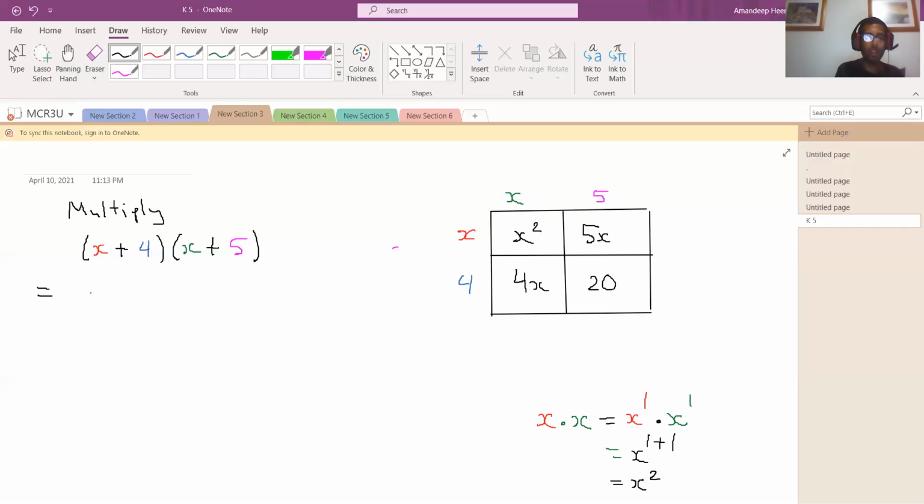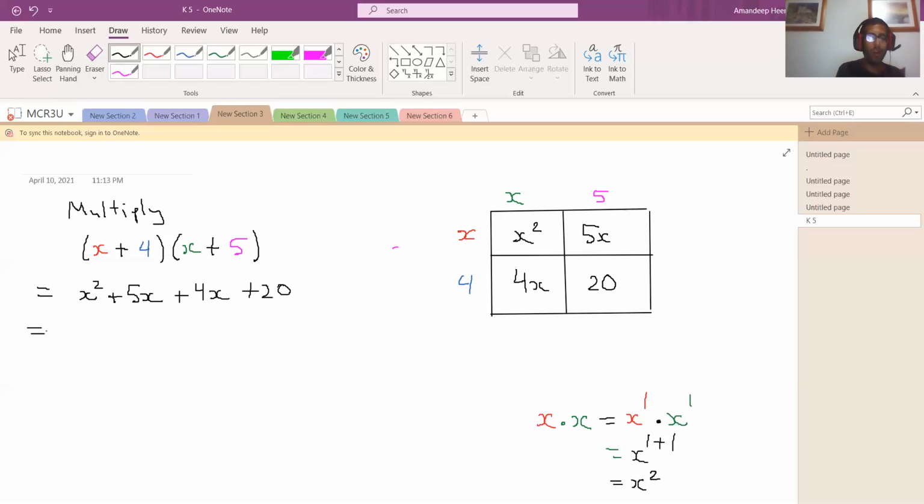You're just going to copy down: x squared, then 5x, then 4x, and then 20.